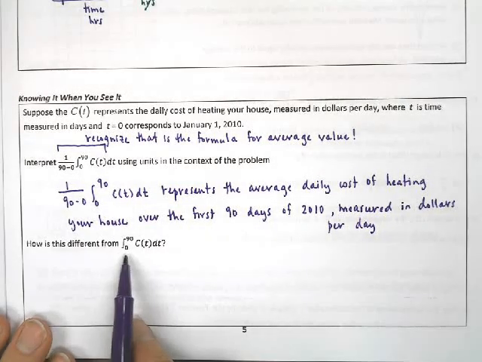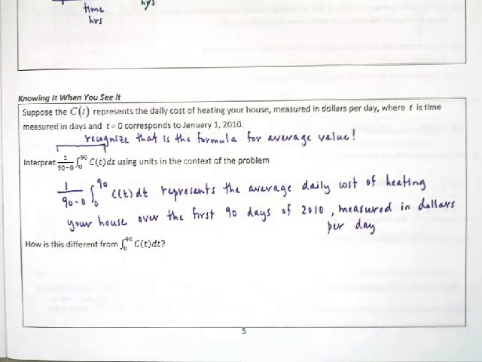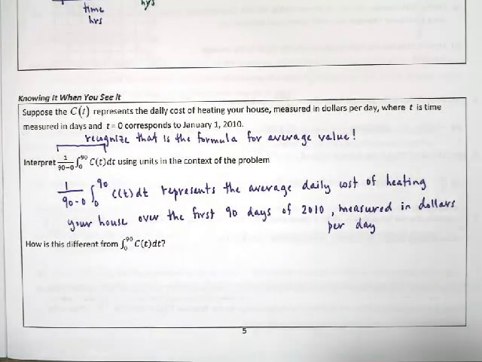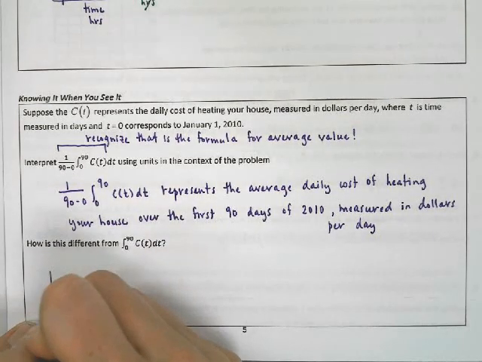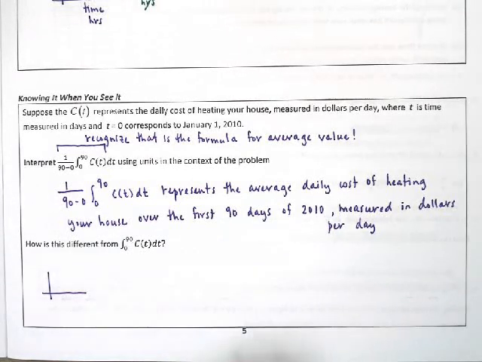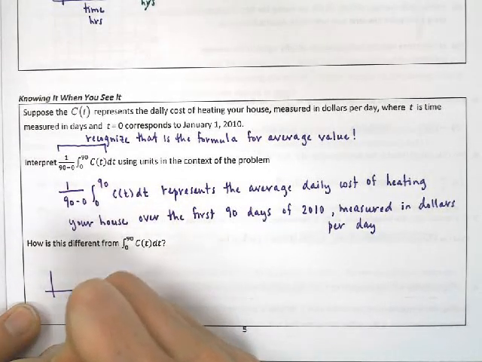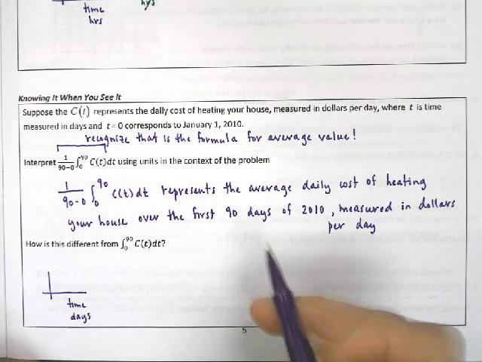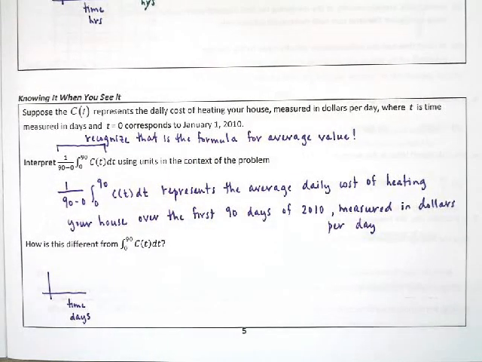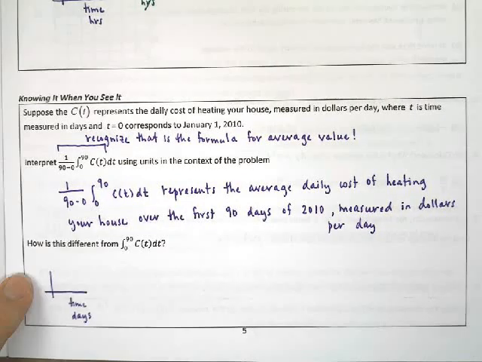Now, how is this different from the integral from 0 to 90 of C of t dt? Again, let's think about this maybe if we were going to graph it. Our time was days, days since January 1st of 2010.